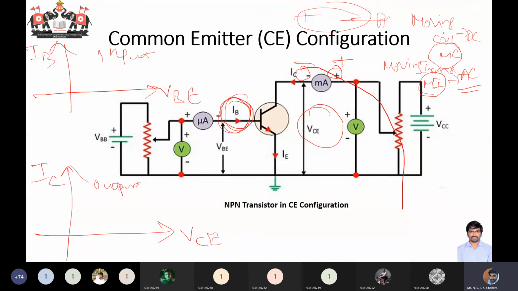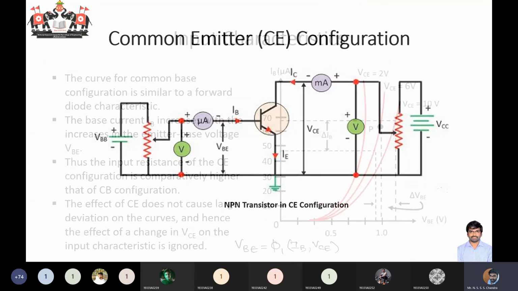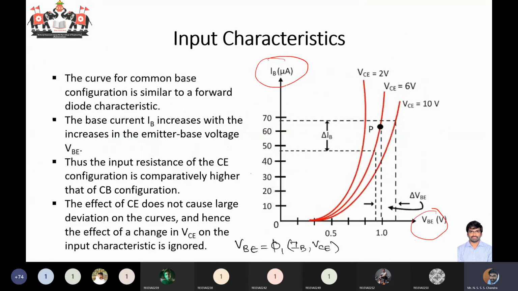Your collector is N-type material, right? So when you connect the positive supply to the collector, your collector junction will be reverse biased. That's why your VCE values will be positive. They will not be negative.